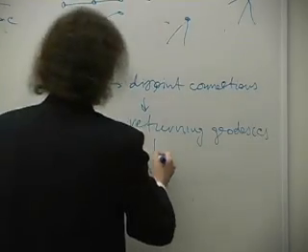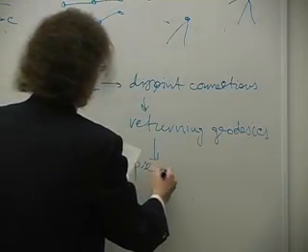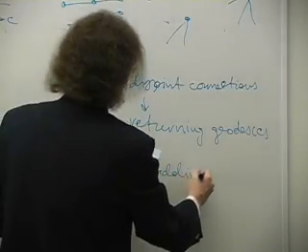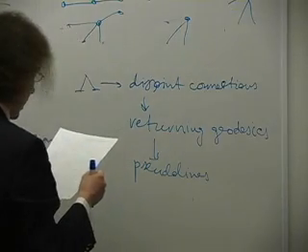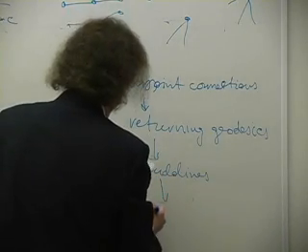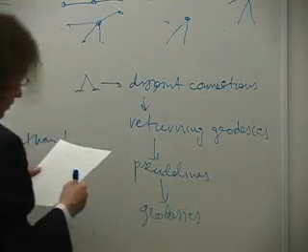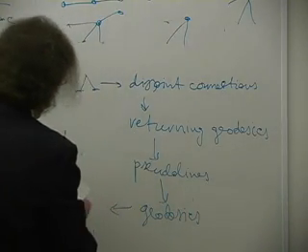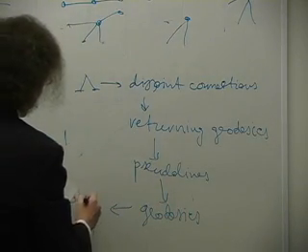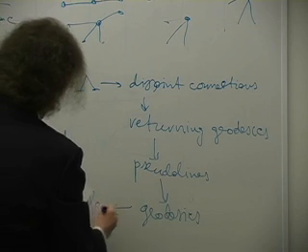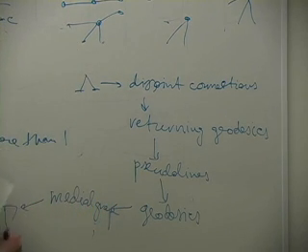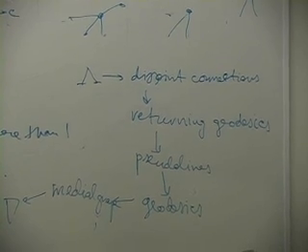From this, we can figure out the arrangement of pseudolines. And from pseudoline arrangements, we can figure out the geodesics by Y-delta transformations. And from this, we know the medial graph. And from that, we can find the graph itself. So this is the outline.